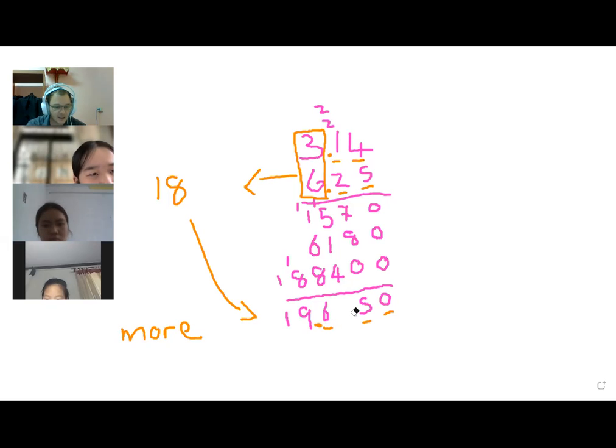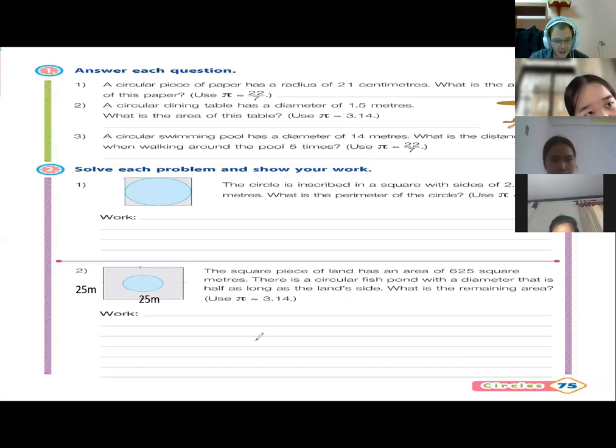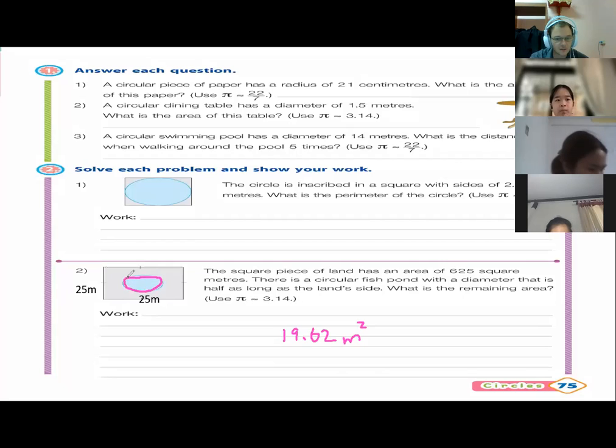It doesn't make sense. Okay, so 19.615. We can just make it 19.62. So now we go back to our book, and our work is gone here, but it's fine. Now we have 19.62 square meters, which is the area of the circle.